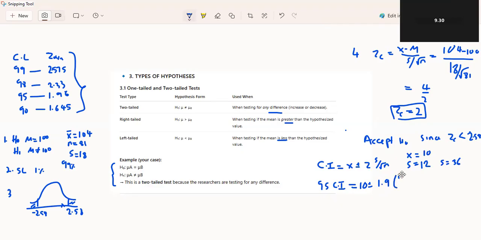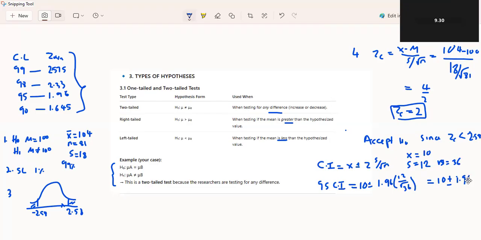You put your 12 there. Square root of n. Our n is what? Our n is 36. You put 36 there. So the square root of 36 is 6. 12 over 6 is 2. So this is our standard error. So 10 plus or minus 1.96 times 2.